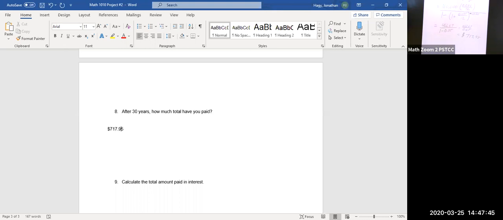So, if that's every single month, we say times 12 times 30. And this will tell us the total amount that we pay to the bank over the life of the loan. Which makes a grand total of $258,463.38.